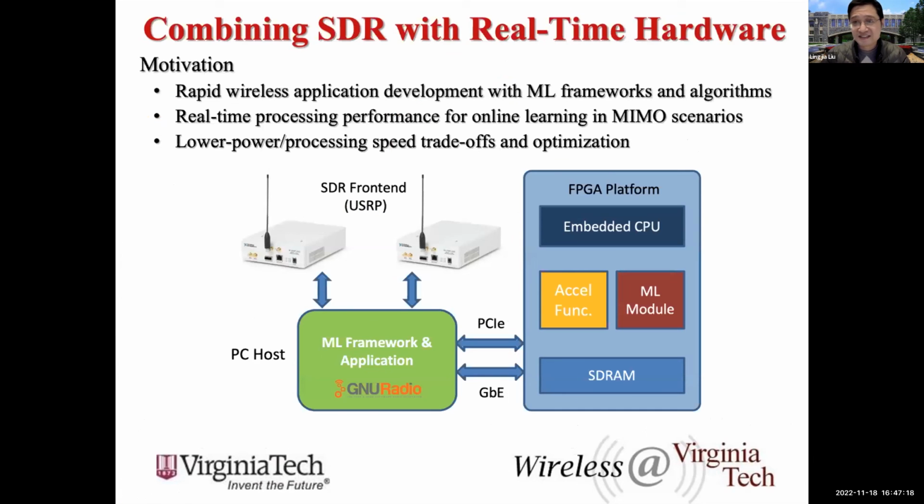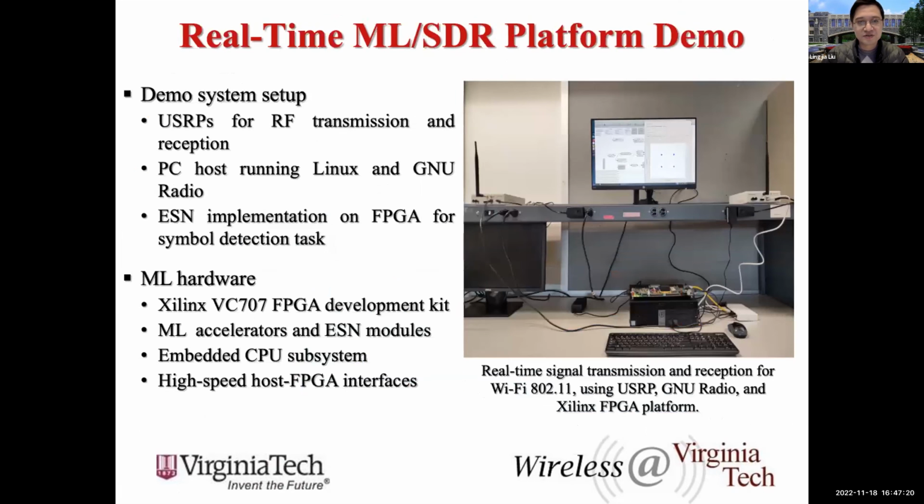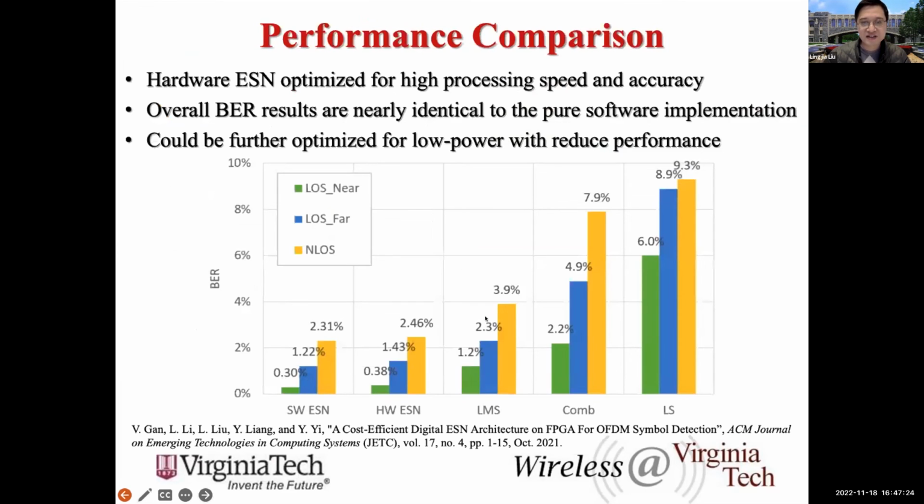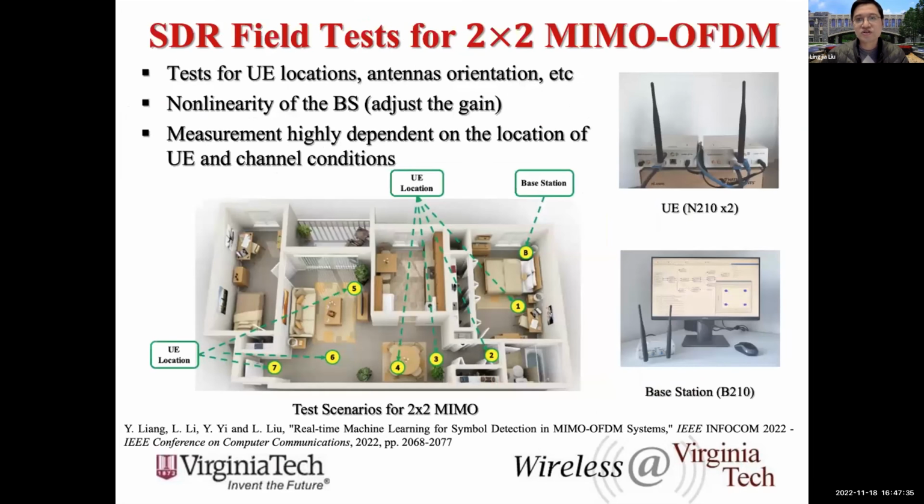And we also extend this to FPGA and real time. So this is a prototype we built. This is the FPGA board, and this is what we show, the hardware-based implementation. This is 11-bit fixed point, and performance is slightly worse compared with the software-based, but still it's not that bad. And we also extend this to multi-user MIMO. And we conducted testing in a dorm because of the pandemic.